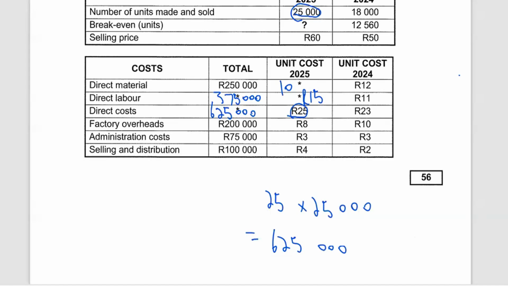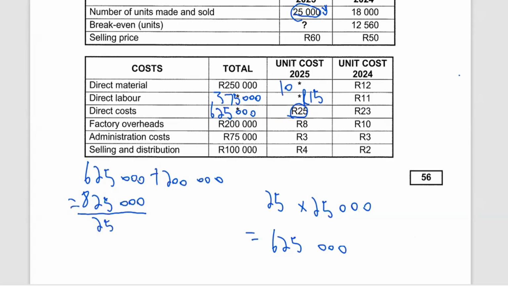So now we're going to say our prime cost of 625,000 plus our factory overhead cost of 200,000. Then we get our answer, which is 825,000 divided by the number of units that you have produced and sold, which is 25,000. Then we get the unit cost, which is 33.